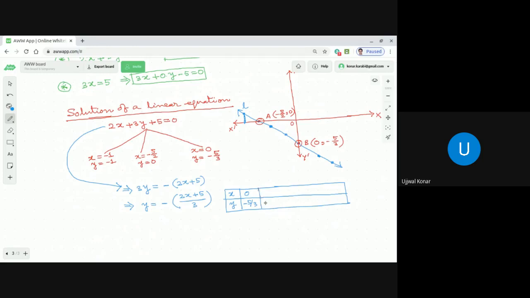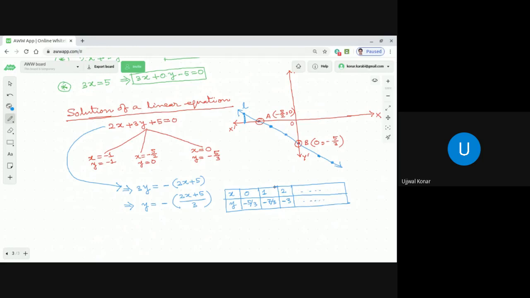I apply x is equal to 1, I get y is equal to minus 7 by 3. I apply x is equal to 2, I get y is equal to minus 9 by 3, that is minus 3. So in that way, you can find an infinite number of solutions.